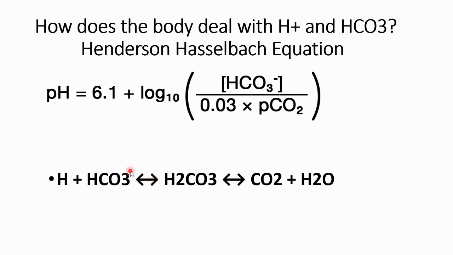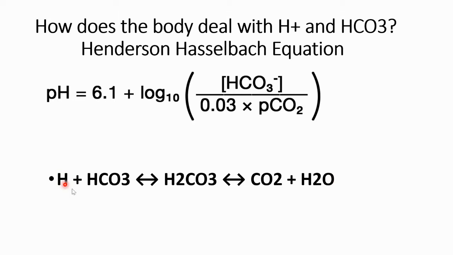So the second part right here, this equation, again, is not anything to memorize, but we see bicarb, we see CO2, carbon dioxide, then we see some hydrogen, and we see some water. And you see this equation with the arrows going back and forth. So hydrogen plus bicarb makes carbonic acid, which can break back down into hydrogen and bicarb, or it could break down into CO2 and H2O.